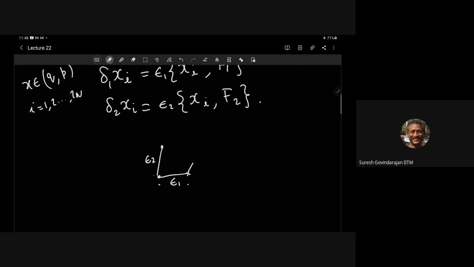So I'll go like this. Here I'm doing epsilon 2 first, and then I do epsilon 1. Now the point here is that these two points may not be the same.